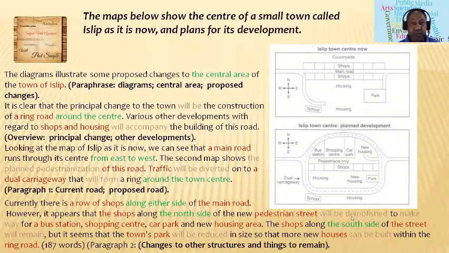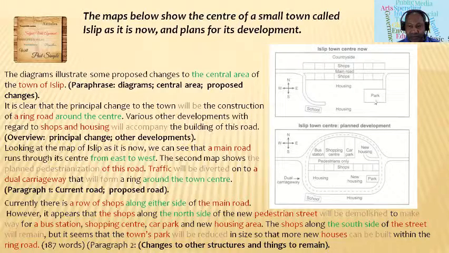So we're using future simple to make way for a bus station, shopping centre, car park, and new housing area. So 1, 2, 3, 4. The shops along the south side of the street will remain, but it seems that the town's car park will be reduced in size.